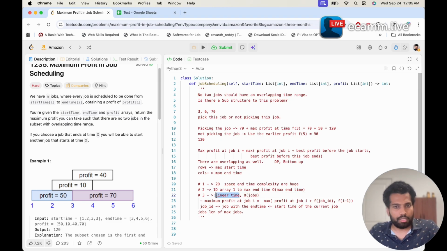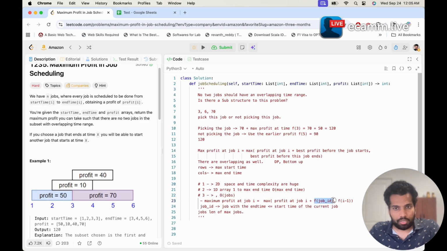So here, the linear time would be for, actually, you know what? It's not linear time. It would be linear time for updating the table, but to update the table you still need to know the job ID, right?